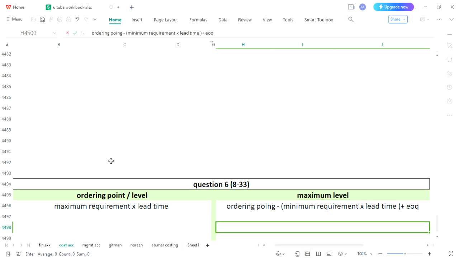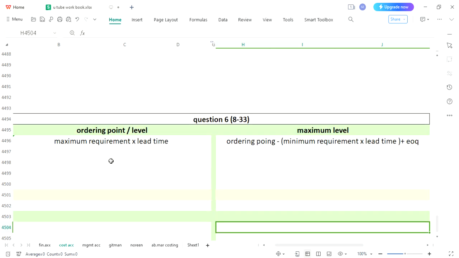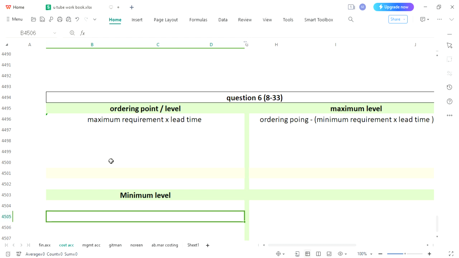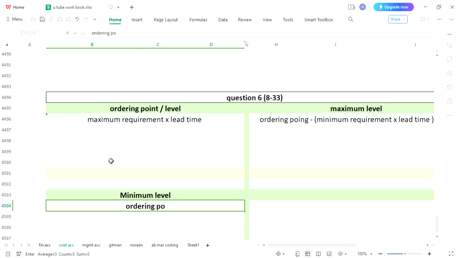In this way we have seen the second formula, and then we will look at minimum level. We calculate our minimum level first considering the ordering point, and then we subtract average requirement into lead time.